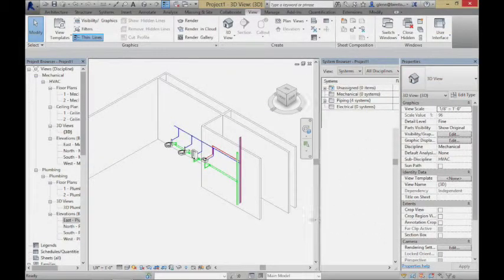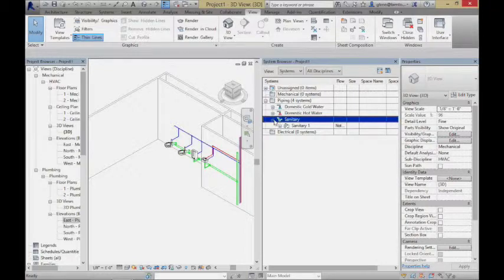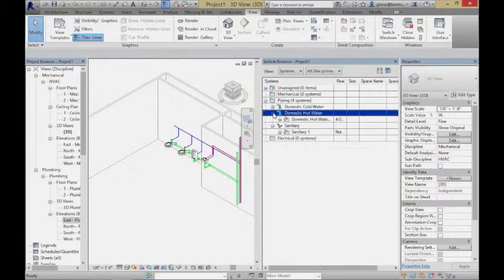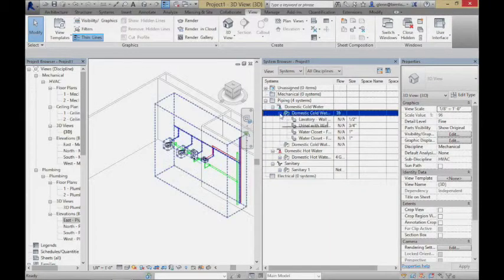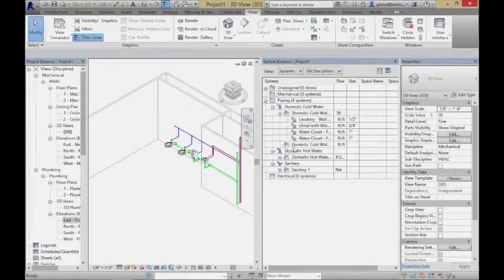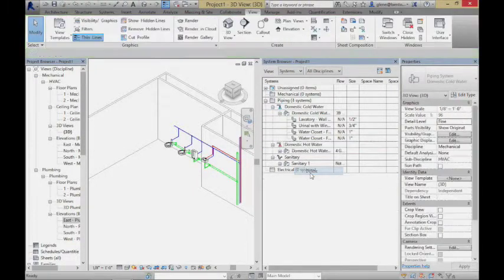You'll see I have several different systems defined right now. I have 4 piping systems. I have 1 sanitary system. Not sure why it thinks I have 2 different cold water systems. Looks like there's one over here, but there's nothing assigned to it right now, so maybe I'll delete that system.